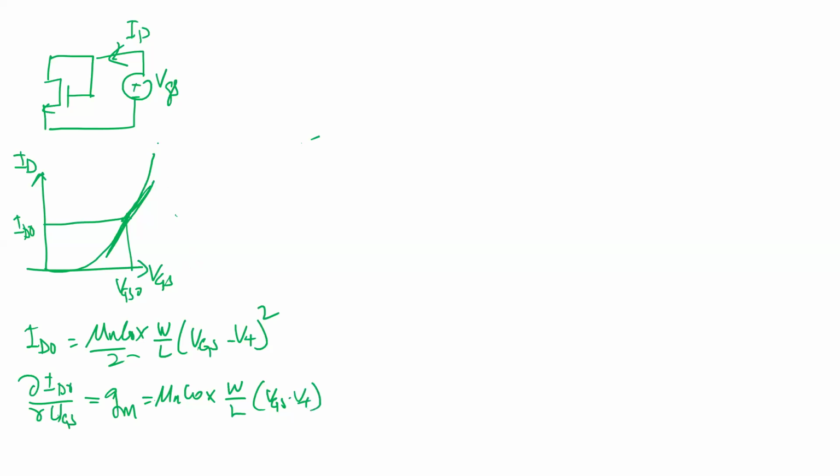And then we said, as a designer, you kind of reorganize this, and a useful expression is 2ID, or ID0 in this case, over Von or Vsat or whatever you want to call it. Okay, so I'll kind of mix match it so that you get used to it. That's a useful quantity because usually these are the two variables given to us.